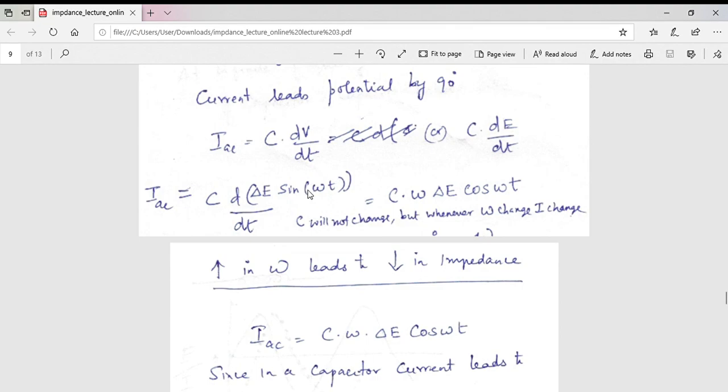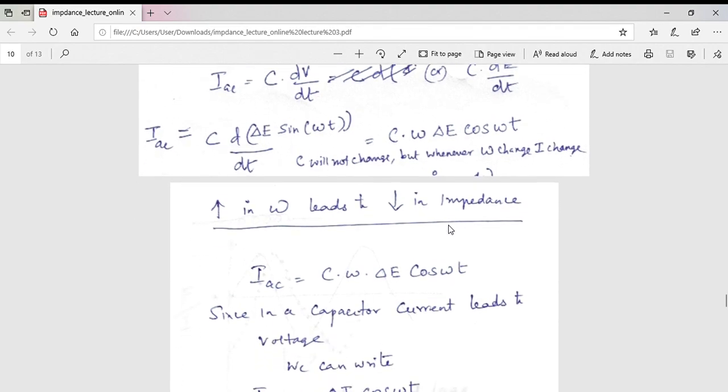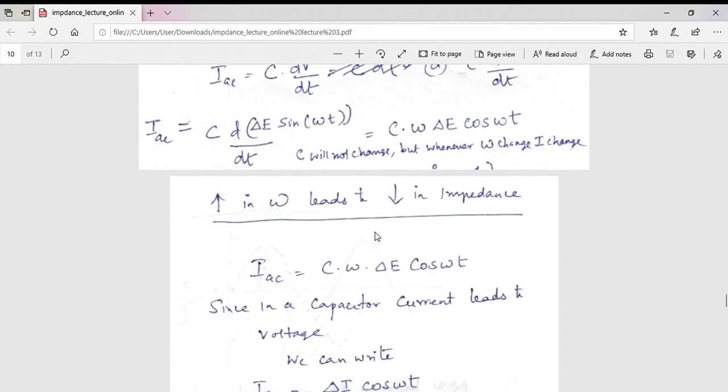So recall that. If you differentiate this, the sine becomes a cosine, and C is a constant. So from this you get omega out, so it is C omega delta E cos omega t. So what it tells is, if omega increases, current will increase. So current depends on the frequency.